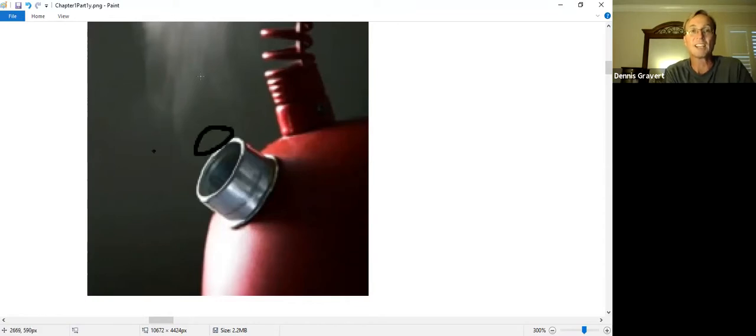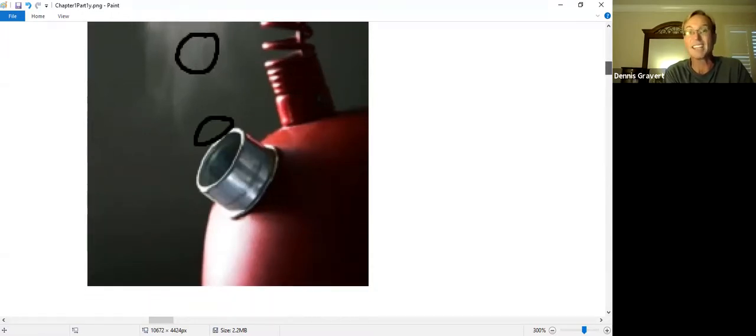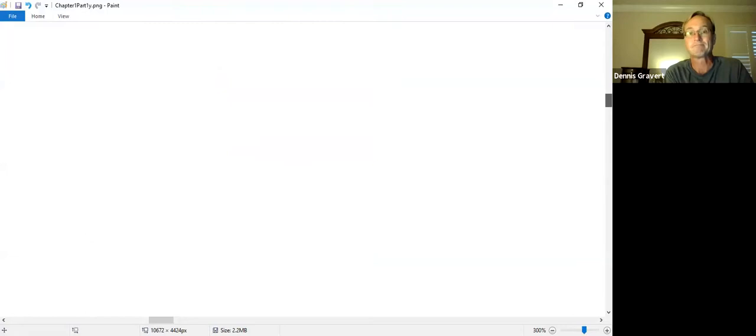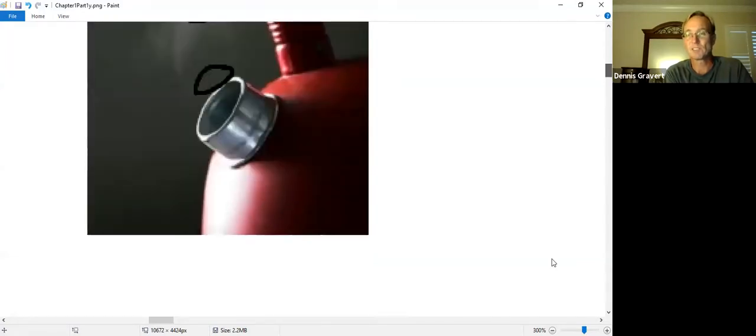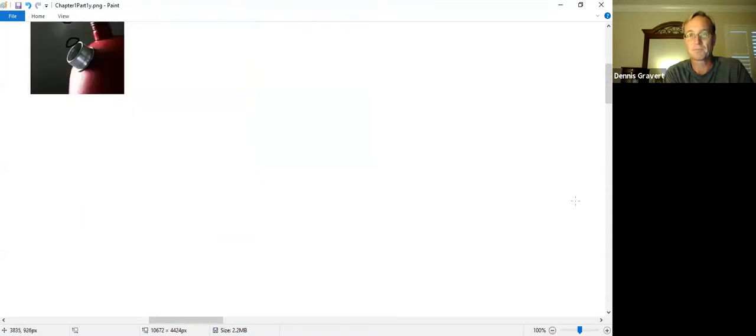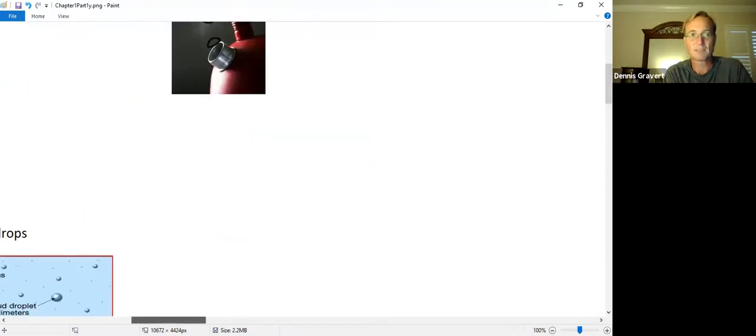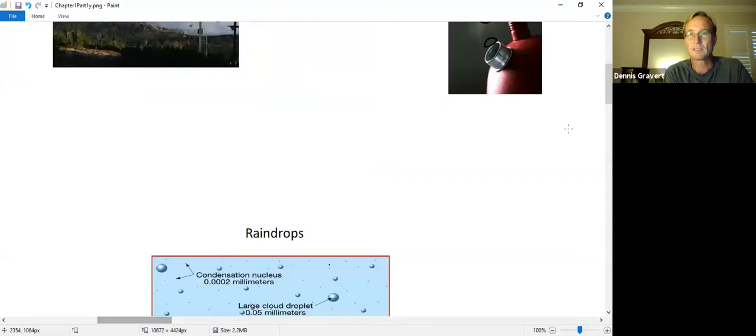And now as they slow down, cool off, they do start to stick together. And what we have here are tiny liquid droplets of water. Lots of water molecules stuck together that are now big enough that they can scatter light, and now we can see them. Oh, where'd it go? Let's zoom back in. There we go.